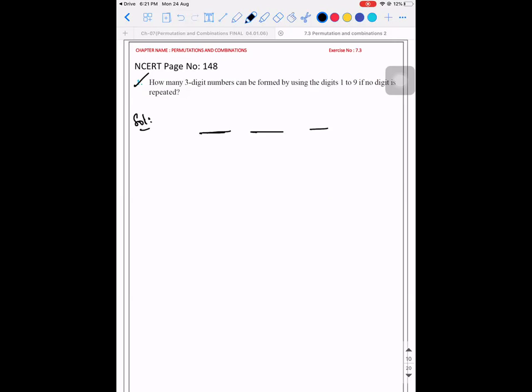So n is equal to 9 and r is equal to 3. This is a concept of arrangement of digits. So arrangements means nPr, which is nothing but 9P3. What is 9P3? 9 factorial divided by 6 factorial.